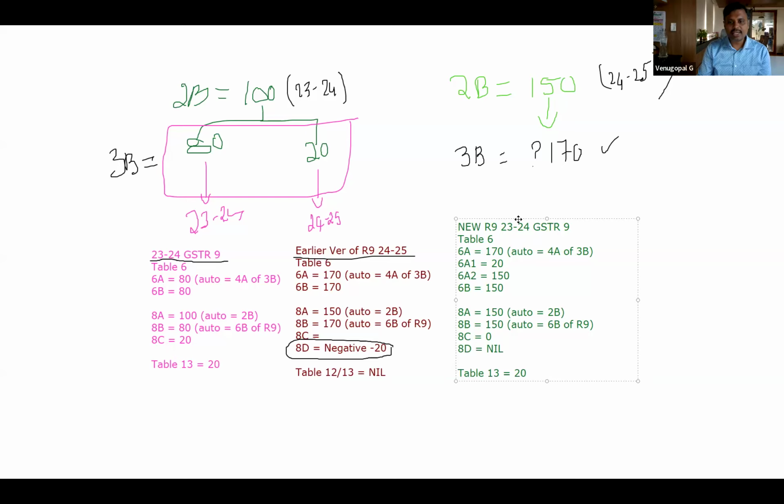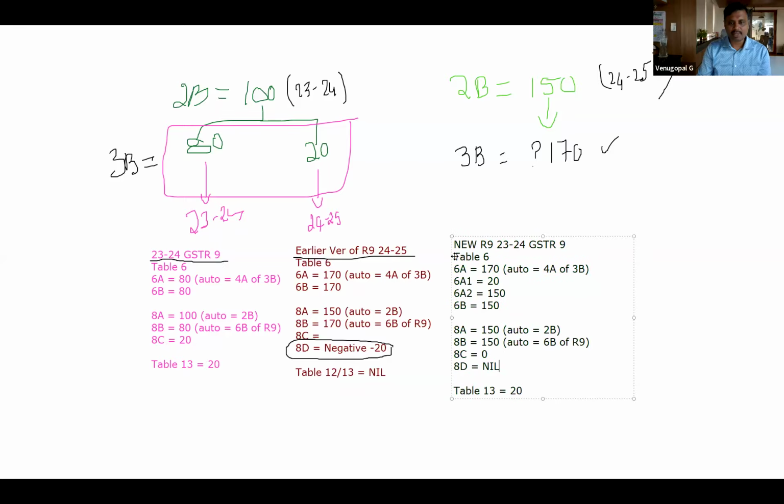So the new version of GSTR 9 that has come is now giving a proper picture wherein you are not getting any liability. You're not going to get any notice for this. And you can just take a screenshot of the screen for your better understanding.